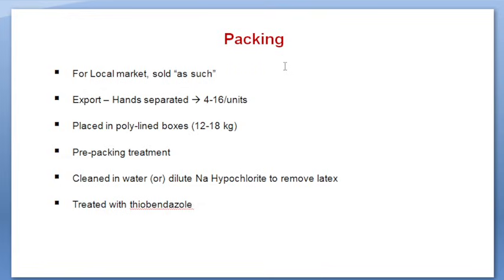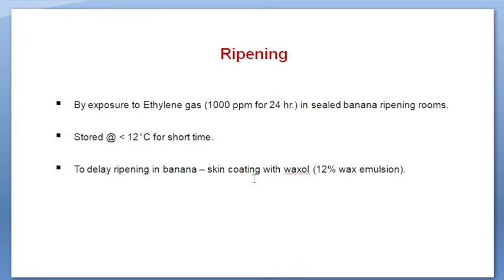For export, we can separate hands, like 4 to 6, pack them, and send them to different places. We can also use chlorinated water or sodium hypochlorite to remove the latex, and also tebuconazole to extend the shelf life and avoid secondary infestation.